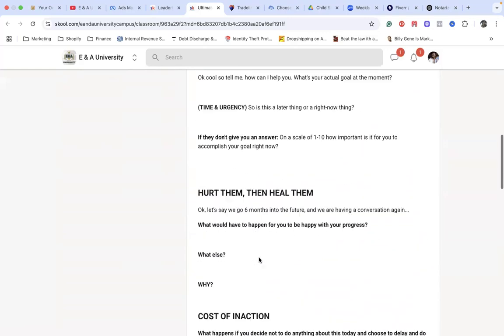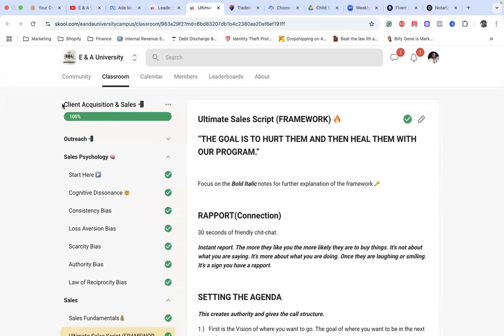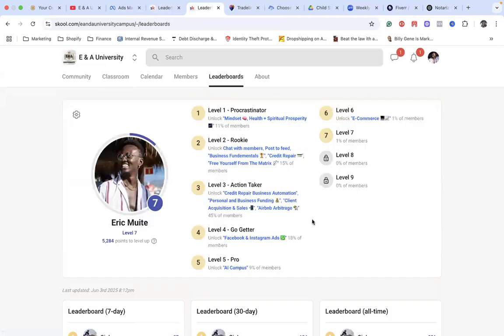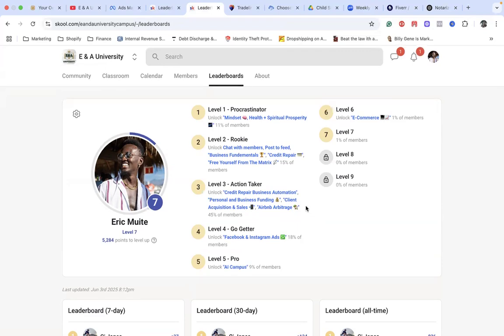Where is it? It's in the credit repair campus, in client acquisition and sales, in level 3. I learned that from spending money on mentorships, buying books, and honestly not closing a sale for 6 straight months. I was running ads and I couldn't close sales. I was talking my way out of them.